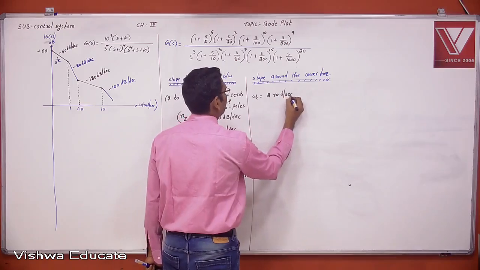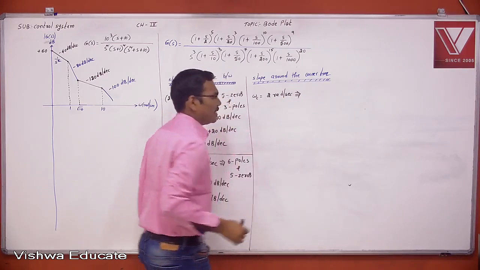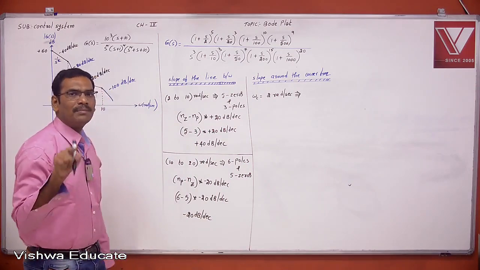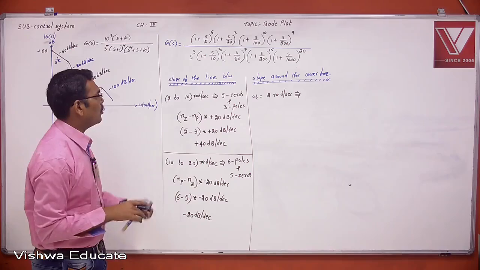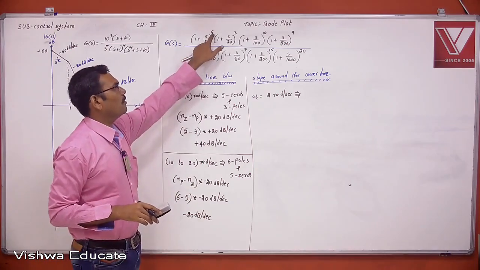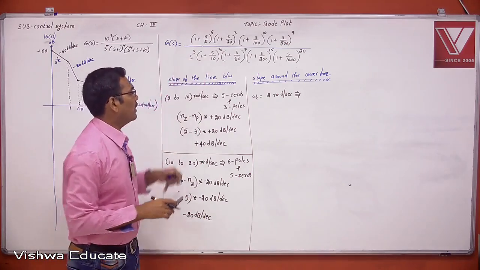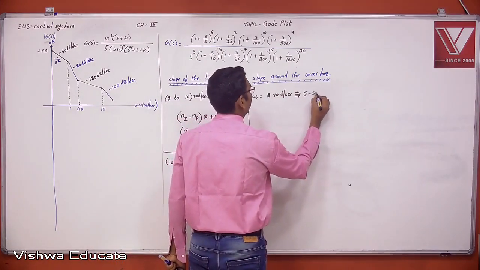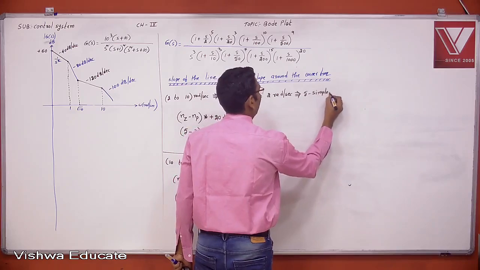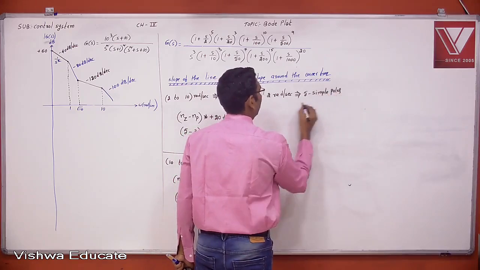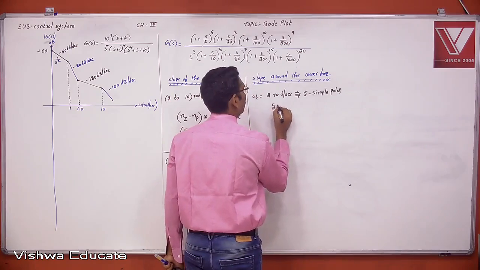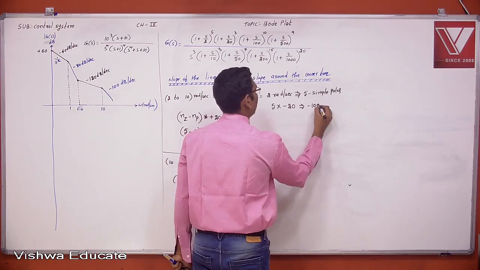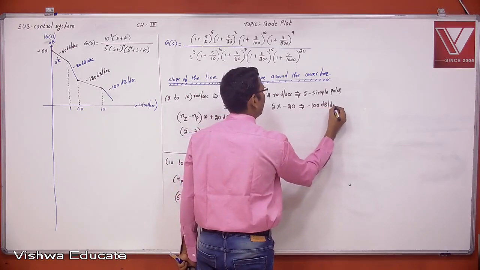What is the formula? Go to that particular corner frequency and find the slope. At 2 radians per second, 5 simple poles. Therefore, 5 into minus 20, which is nothing but minus 100 dB per decade directly.